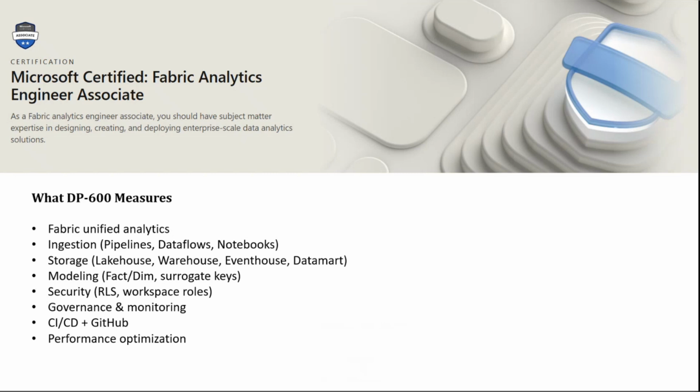DP-600 wants to see how deep our knowledge of the Microsoft Fabric platform is. Fabric is a unified analytics platform which integrates many functionalities of Azure, such as Data Factory, Synapse, data warehouse, data science, real-time intelligence, and business intelligence using Power BI.